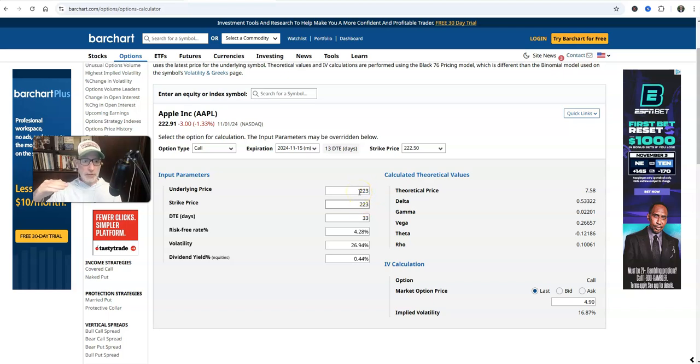That's when the strike price is pretty much the same as where the stock price is. 223 strike, 33 days left. It's costing $7.58. If Apple goes up to 229 in 1 day, 1 day later, you've made roughly $350.